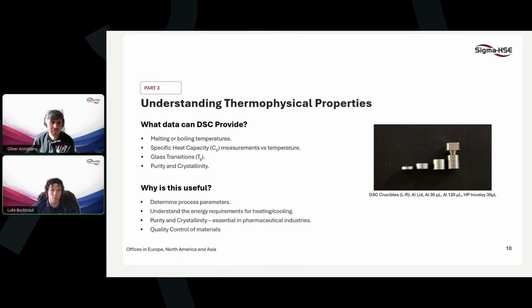So when you're designing a process, you need parameters that are as accurate as possible and as representative as possible of your process. As you know, specific heat capacity is such a key component, especially for later studies like vent sizing, and even adiabatic test methods. It's crucial to have confidence in these values and be as representative as possible.